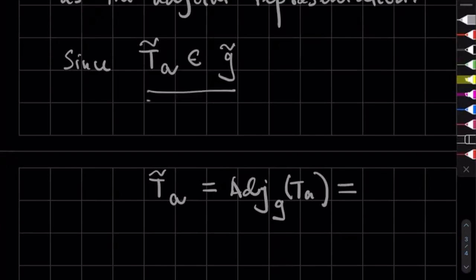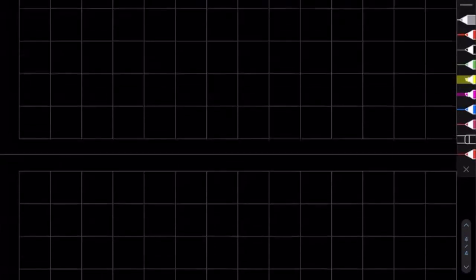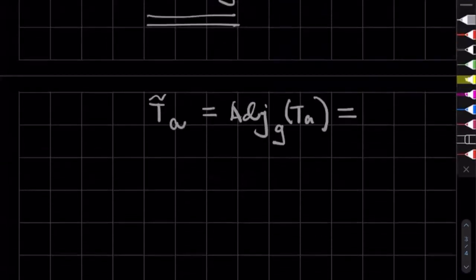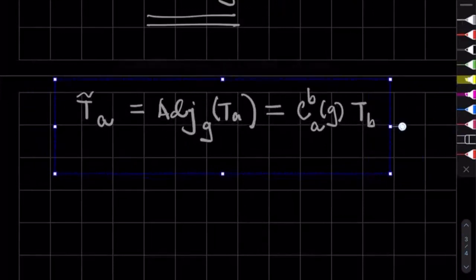This statement means that we should be able to express T tilde as a linear combination of the T_A's. Let the coefficients of the linear combination be C_AB. Of course, it's a function of g, and B is a repeated index, which means that it is summed over. So we now want to find what these C's are.